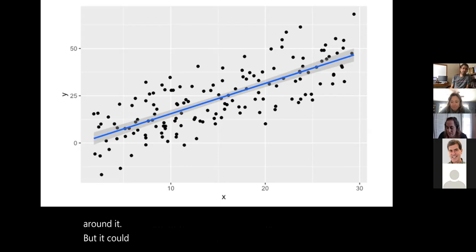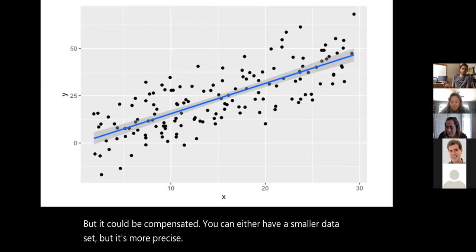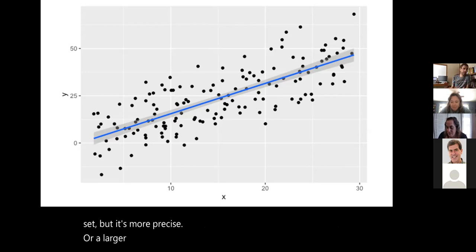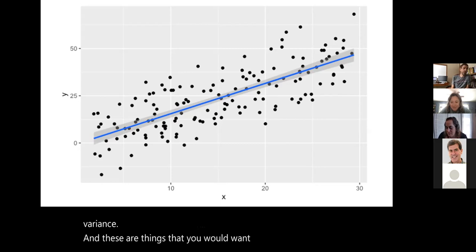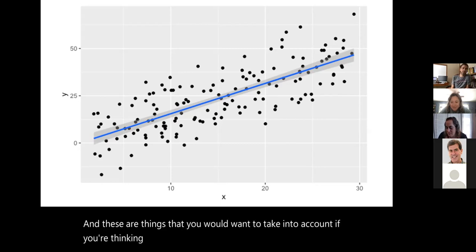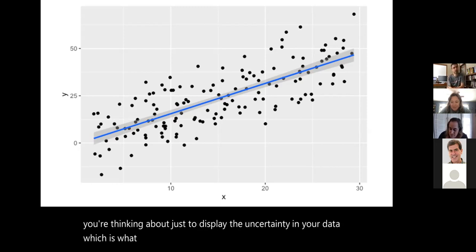You can either have a smaller data set that is more precise, or a larger data set that is less precise, or has larger residual variance. And these are the things you would want to take into account when thinking about how to display the uncertainty in your data, which is essentially what we try to do in statistics.